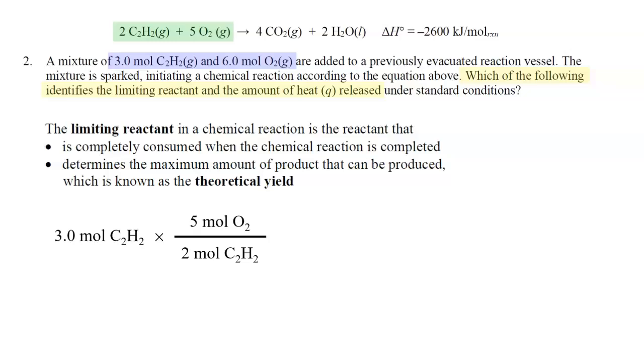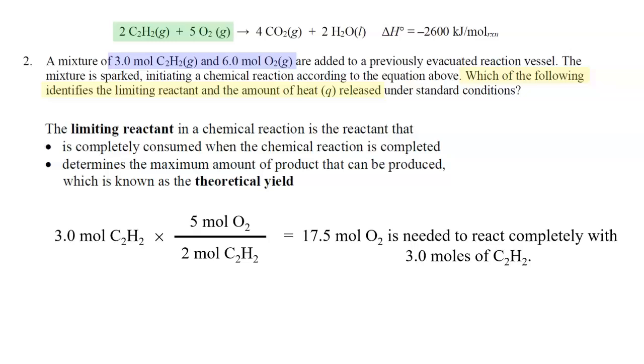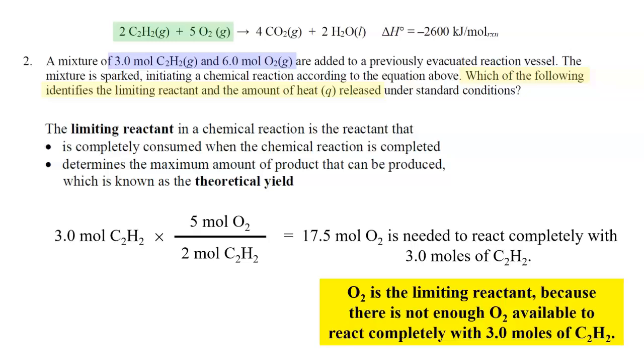And so 3 times 5 divided by 2 gives me a value of 17.5. 17.5 is the number of moles of oxygen that is needed to react completely with 3 moles of acetylene. But I only have 6 moles of oxygen available, so that makes oxygen the limiting reactant, because there is not enough oxygen available to react completely with 3 moles of acetylene.